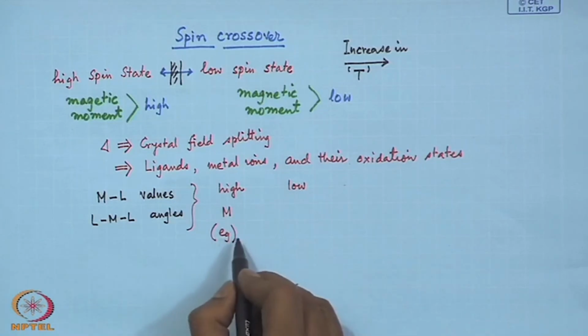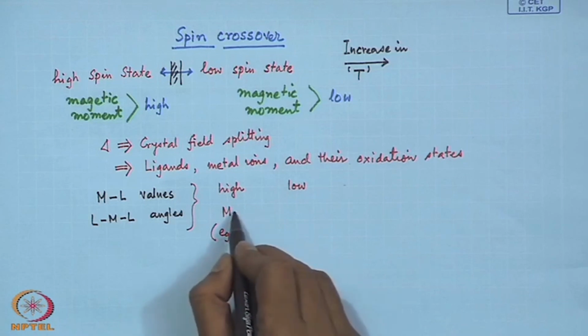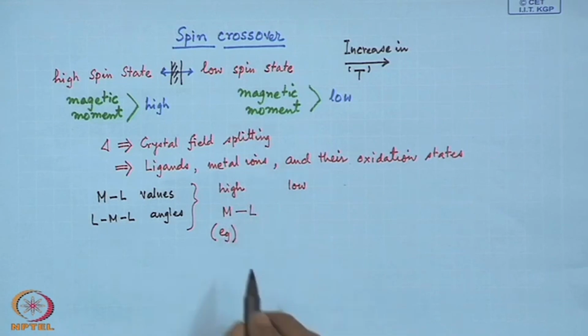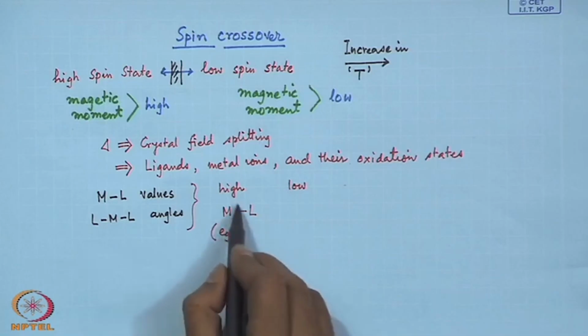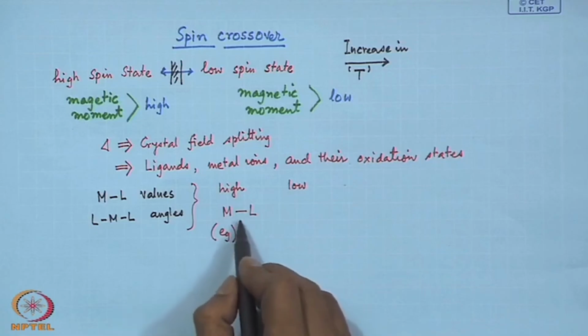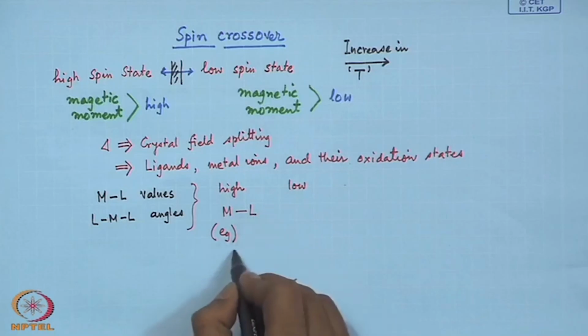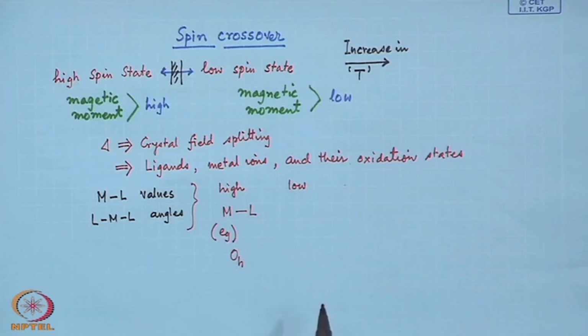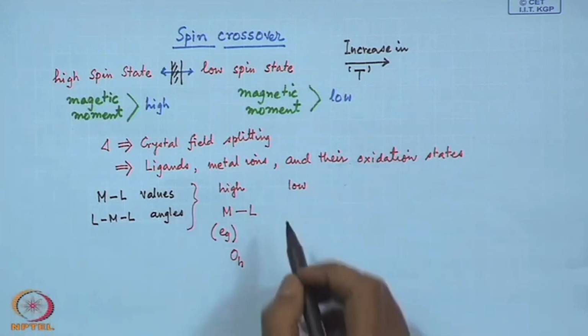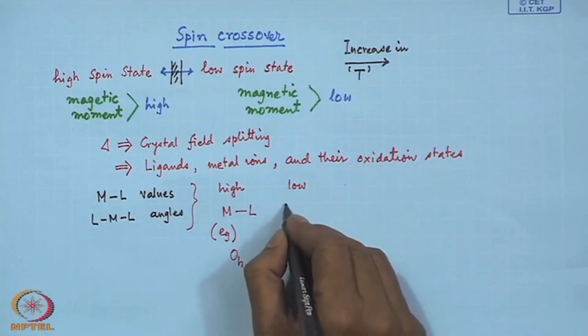The electrons in the eg level can give rise to longer M-L bond distance, because those orbitals containing the metal ions having the eg electronic configurations are directly facing the ligands along the corresponding Cartesian axis in an octahedral geometry, say. So the basic example is that there is a corresponding electronic configuration in octahedral symmetry where this M-L distance should be high.